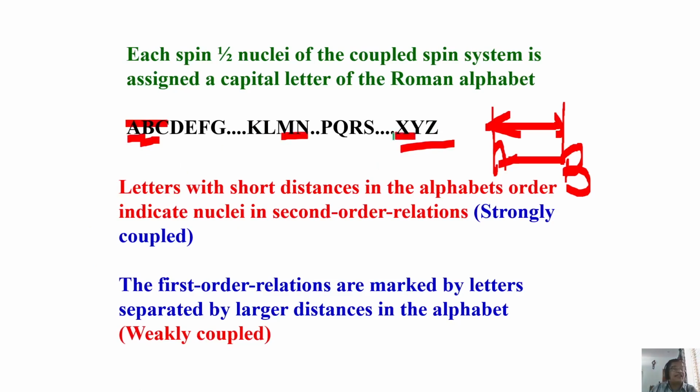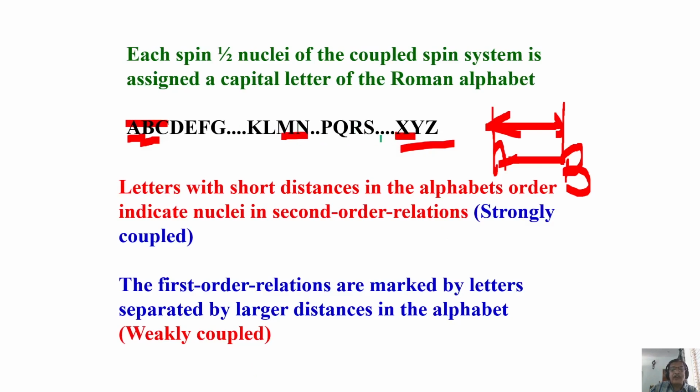Remember, I analyzed the three spin system spectrum AMX. We showed 4 peaks for A, 4 for M, 4 for X. We also wrote down the energy level diagram and looked at the transitions. I said it is weakly coupled at that time. That means the letter A to M is far away compared to other letters.